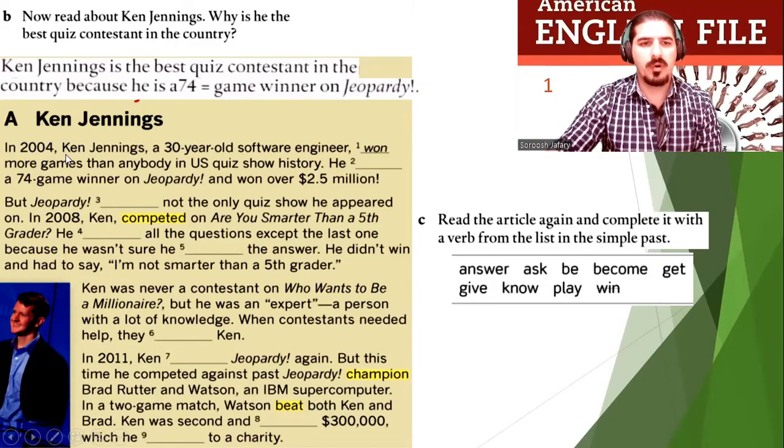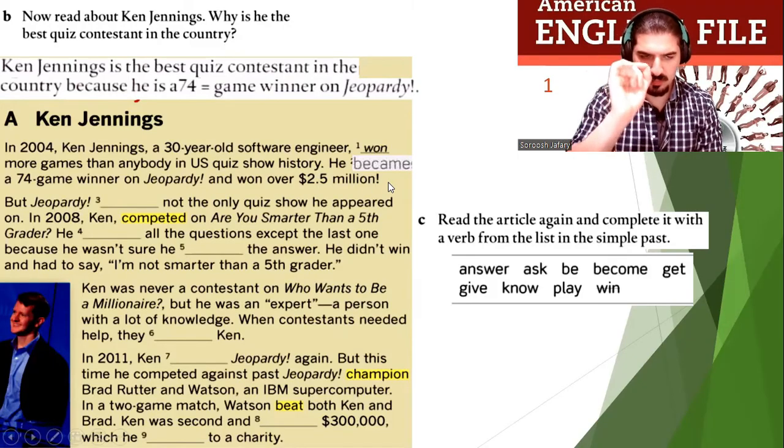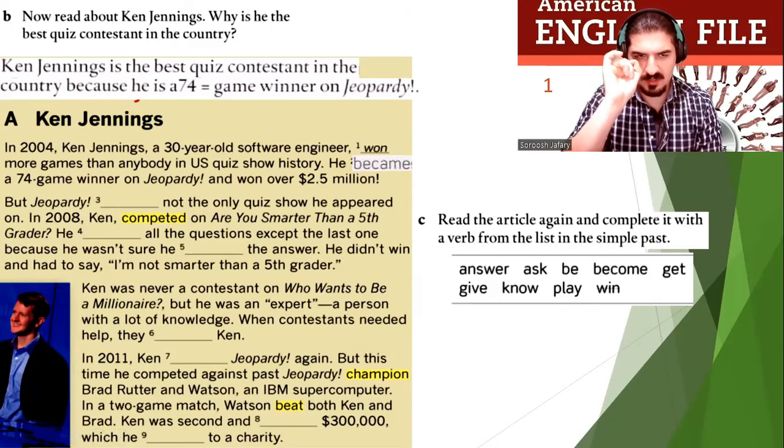In 2004, Ken Jennings, a 30-year-old software engineer, won more games than anybody in US quiz show history. He became a 74 game winner on Jeopardy and won over $2.5 million. $2.5 million.